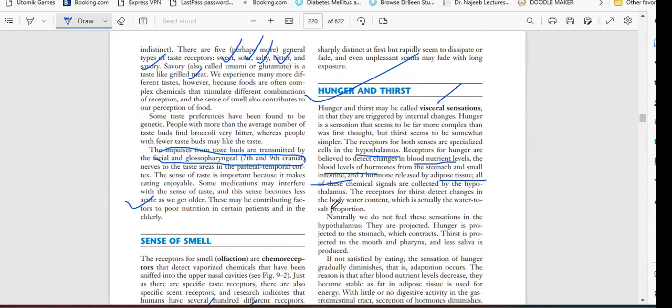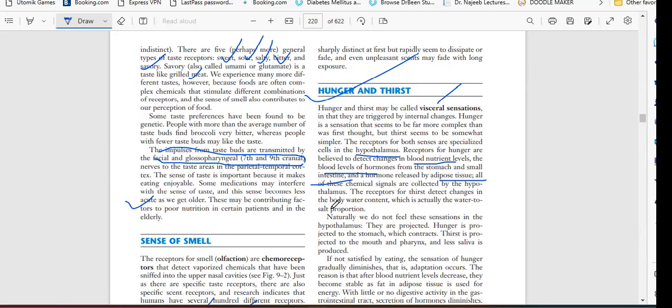So basically, here what is being told is that the hunger and thirst specialized cells are present in the hypothalamus. We will see where the hypothalamus is. First thing. Second thing is that we have receptors in the stomach, in the intestine, in the blood. So always they are roaming to check if there is any deficiency of the nutrients, or any deficiency of hormones in the blood.